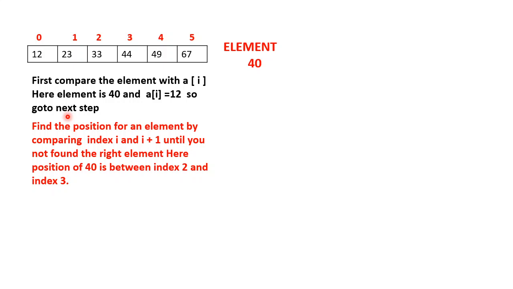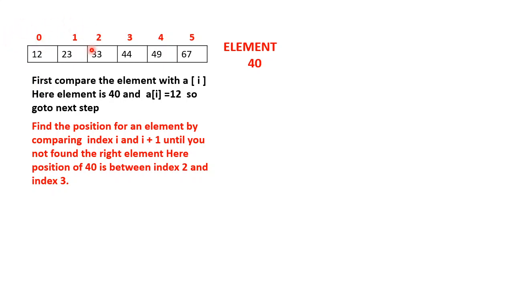In our next condition, we will use a for loop and traverse every element, and we will compare the element 40 with index I and index I plus 1. Because we know that element 40 will be placed in between two elements, we have to compare it with both.